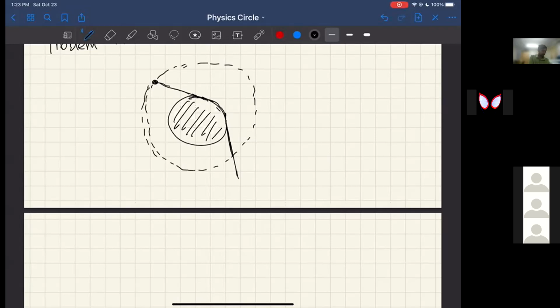This is a bad drawing, but whatever. So what happens is you're pulling here, and the radii of these things are little r and big R.